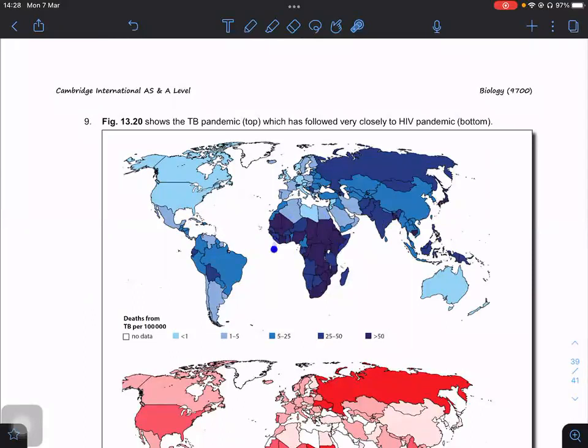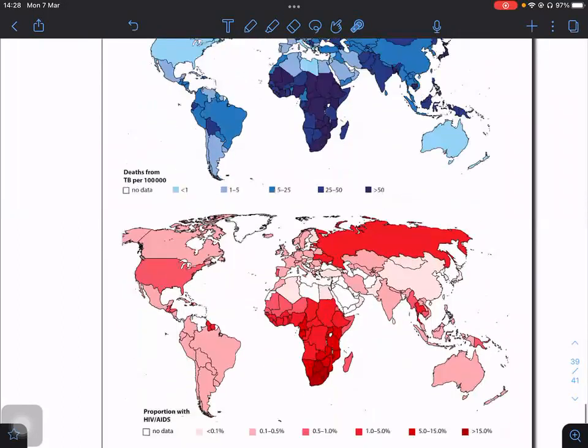You realize that countries with very high TB cases, particularly in Africa, also have very high HIV or AIDS. Can you see that in terms of the map? So it indicates what? There must be a positive correlation. Are you clear? Because TB is always the first opportunistic infection for the HIV patient.